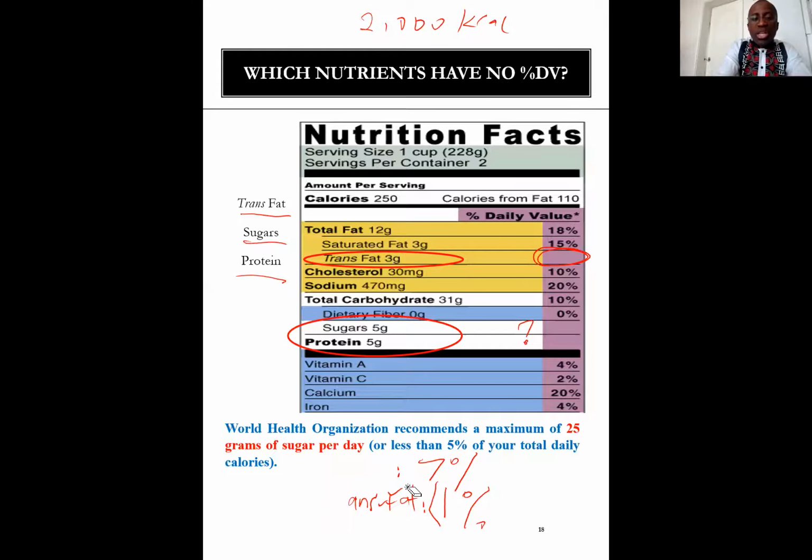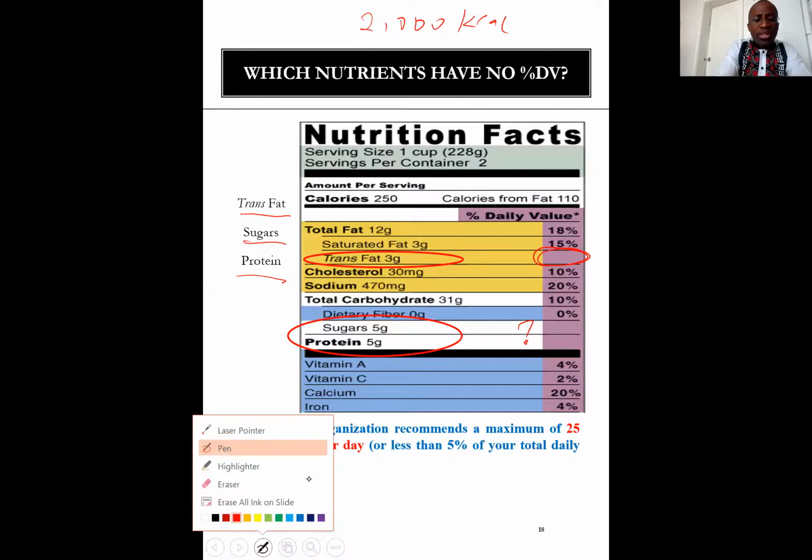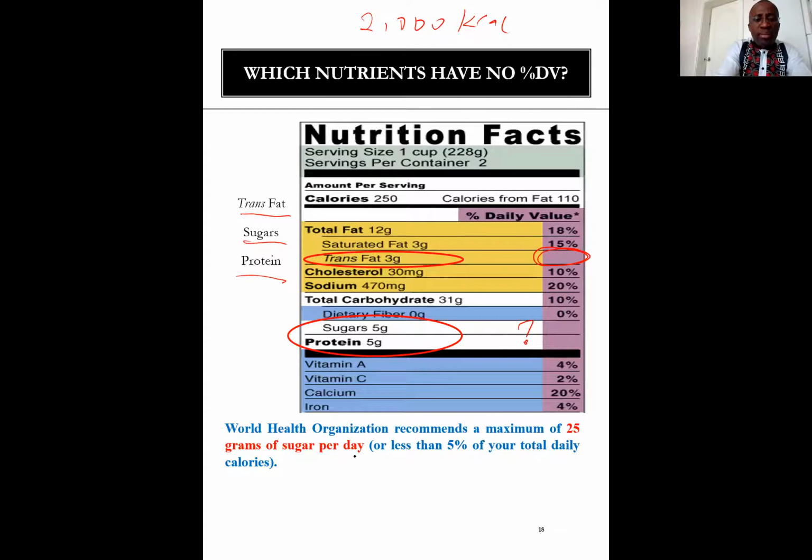The challenge is when we write sugar, we have all types of sugars. We can have natural sugars, or we can have added sugars.